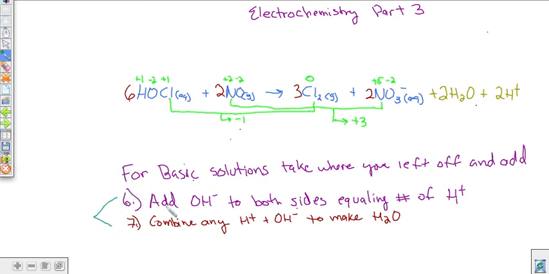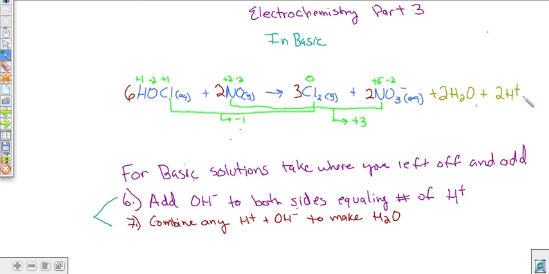You're going to add hydroxide ions, because remember in basic solution you're going to have hydroxides rather than hydrogen ions. Notice that you have hydrogen ions in solution right here. This is clearly an acidic solution, but we want to say what this reaction would look like in a basic solution, and how it would be balanced. So you add hydroxides to both sides, equaling the number of hydrogen ions.